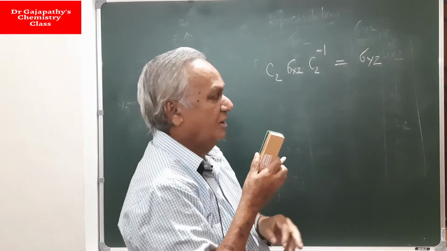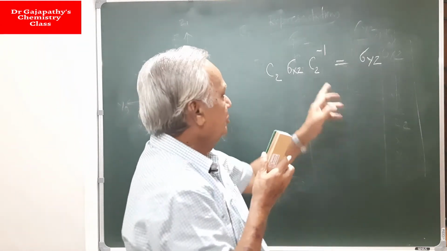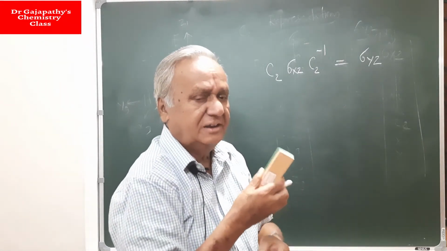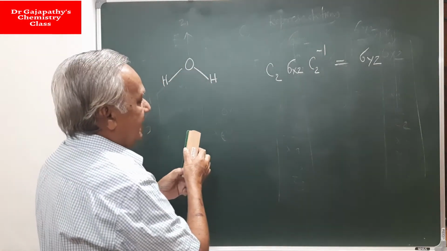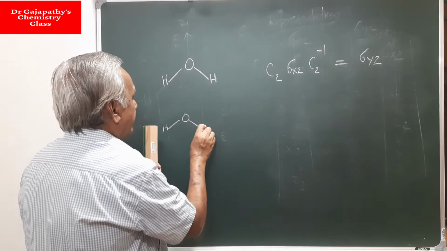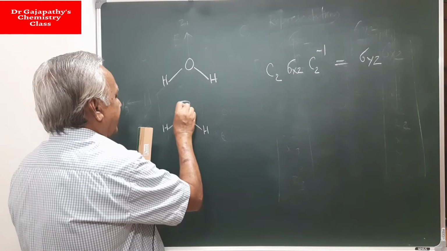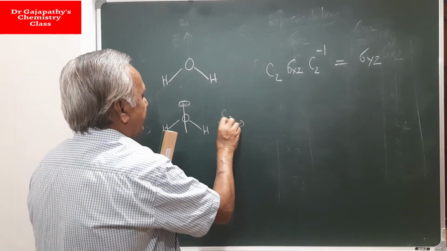Let me try and find out whether this rule is obeyed or not. If it obeys, then the 2 sigmas belong to the same class. If it doesn't obey, each forms a separate class. Okay, let me carry that out. Namely, I will take the water molecule and put the C2 axis. Carry out C2 inverse.